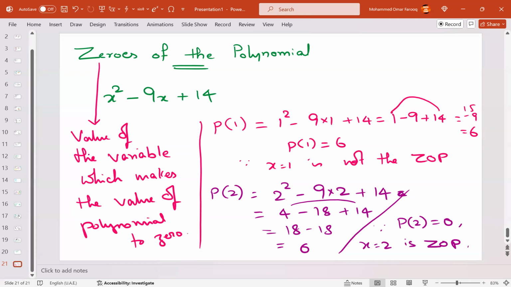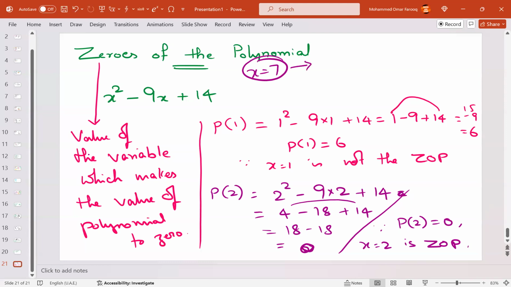So this is a zero of the polynomial, that means the value of the variable. For which value is it 0? It is 2. If x is equal to 2, then the value of the polynomial becomes 0. In the same way, x is equal to 7 also.